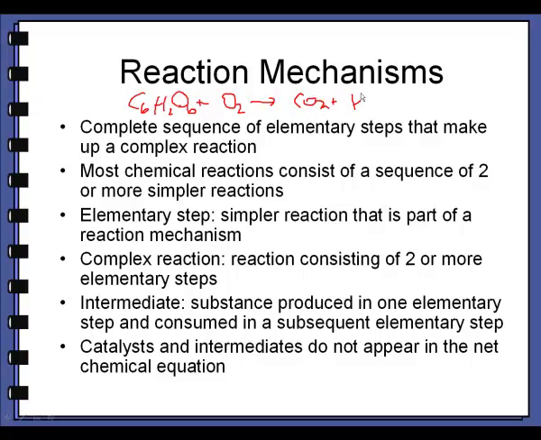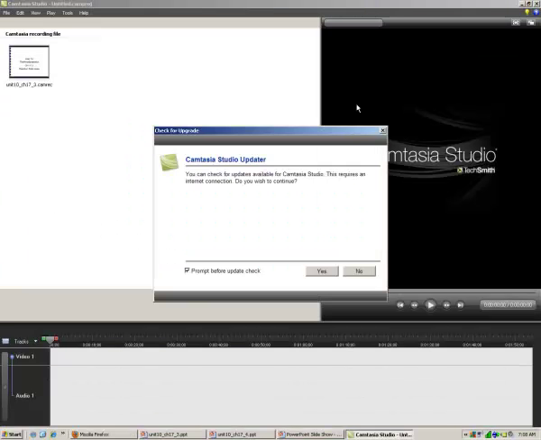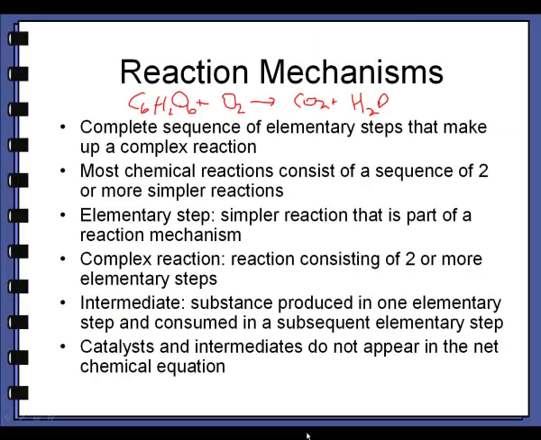So this is the overall reaction for the breakdown of glucose, plus you get some energy. But for those of you who know the process of glycolysis, of the Krebs cycle, of electron transport, you know that there are a bunch of smaller steps that add up to this overall reaction.